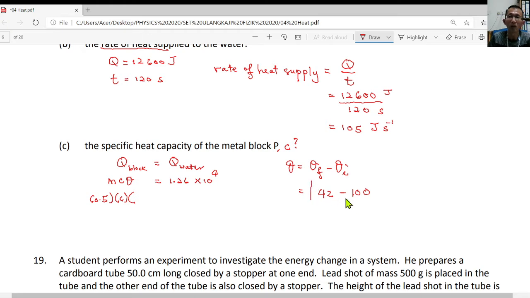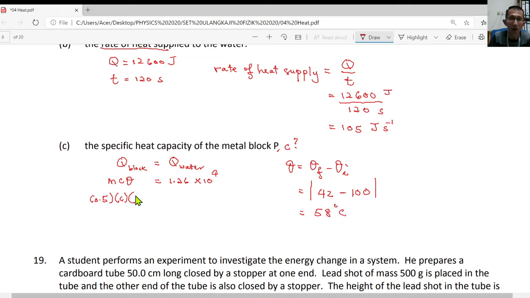Just to make our calculation easier, not dealing with negative values, even though actually it is supposed to be negative because of heat absorbed and heat released, you will get 58 degrees Celsius.